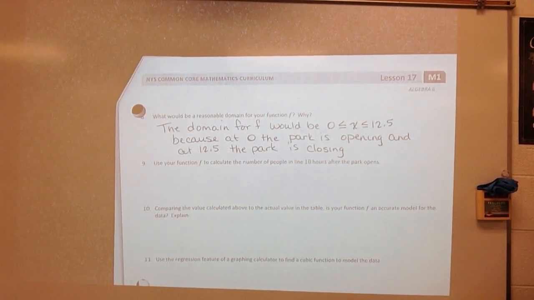This data may make sense in a completely whole other scenario, but because we're dealing with an amusement park, these are the numbers that make sense.